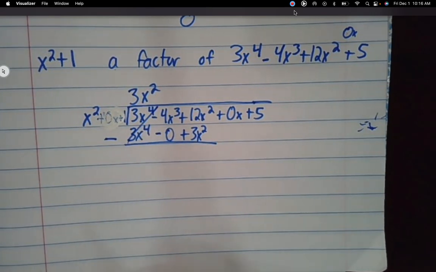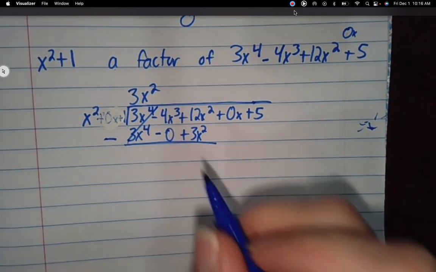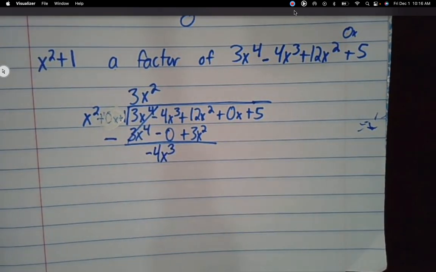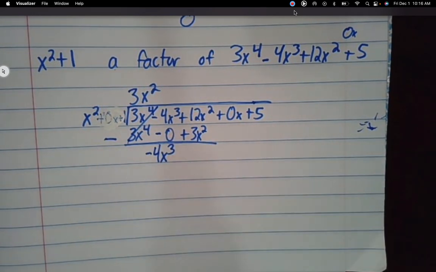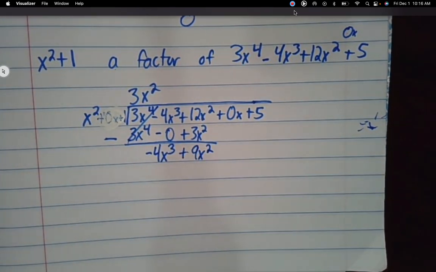Now let's be careful. What is negative 4x to the 3rd minus nothing? It is negative 4x to the 3rd. We subtracted nothing from it, so just bring it down. Then what is 12x squared minus 3x squared? 9x squared. Okay, now let's keep going.